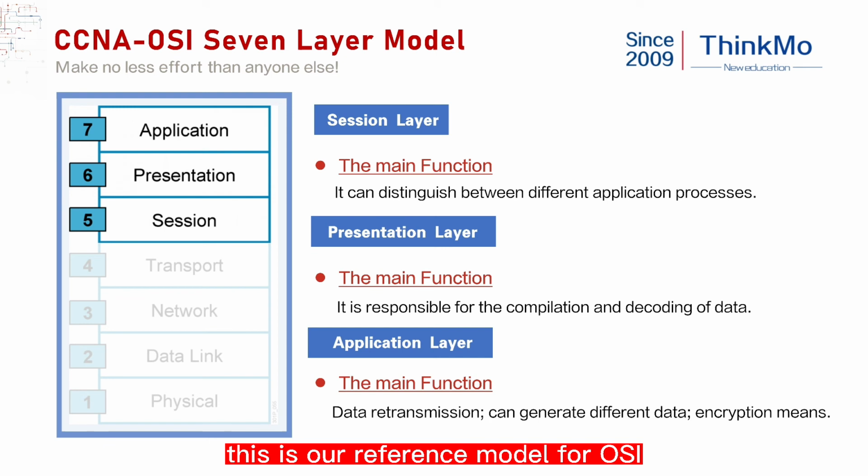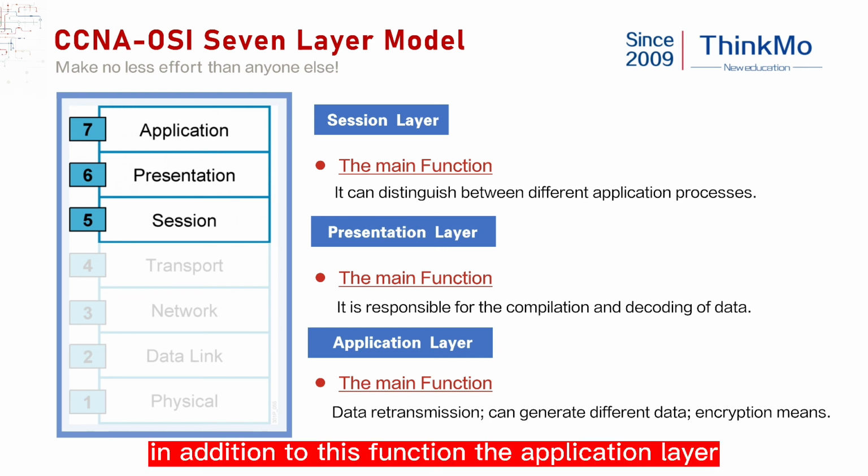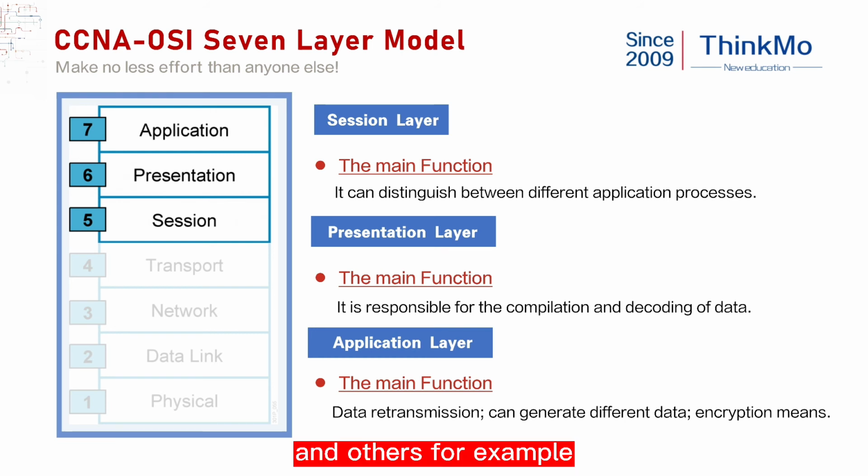This is our OSI reference model. In addition to this function, the application layer has others. For example, different data can be generated by different programs, or between different applications our data are all different. I sent a message on WhatsApp, and what I generate is based on the data generated by the WhatsApp application.